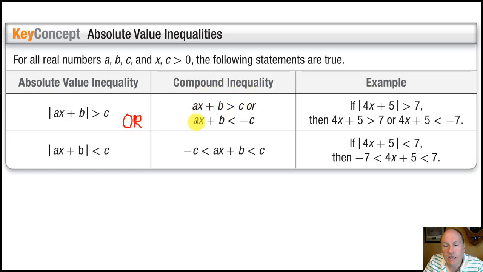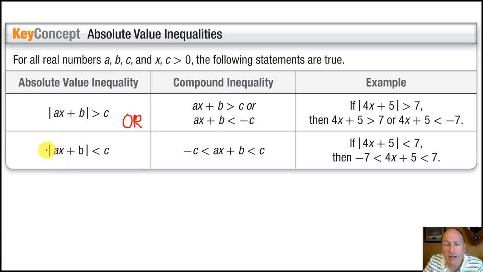Because what's in that absolute value bracket can either be greater than that distance from 0, in other words, to the right, or it can be less than the negative of that number on the negative side of the number line. For example, 4x plus 5 could be greater than 7 away from 0, or 4x plus 5 could be less than negative 7 away from 0. So we have to deal with that as a compound OR inequality.